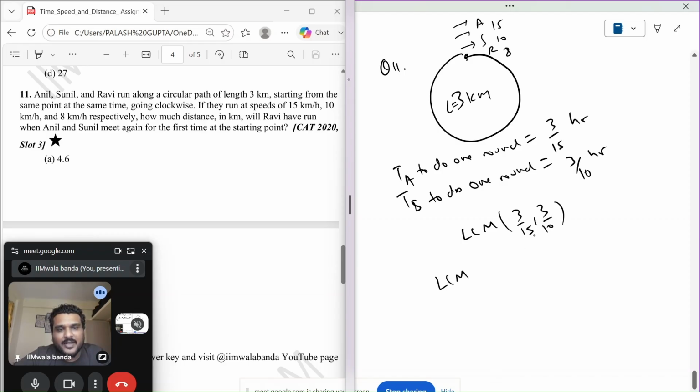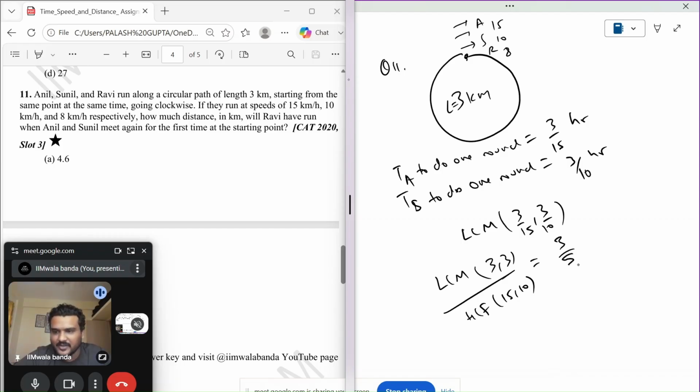Basically, LCM of these two will be LCM of 3 and 3 upon HCF of 15 and 10, right? I hope this is clear. So LCM will be 3 and HCF, highest common factor of these two, will be 5.